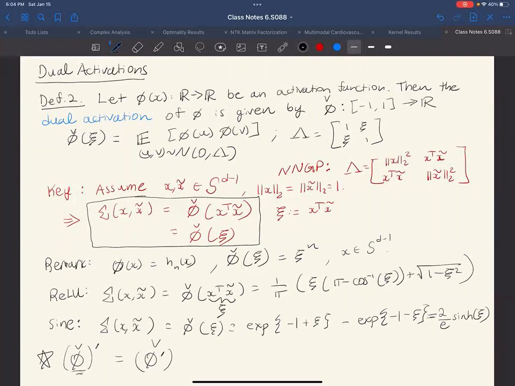But it is a super useful point, and definitely the neural tangent library takes immense advantage of this when computing the neural tangent kernel. Great. So this was just a little side note on dual activations, because it will clean up a lot of the notation for us going forward.